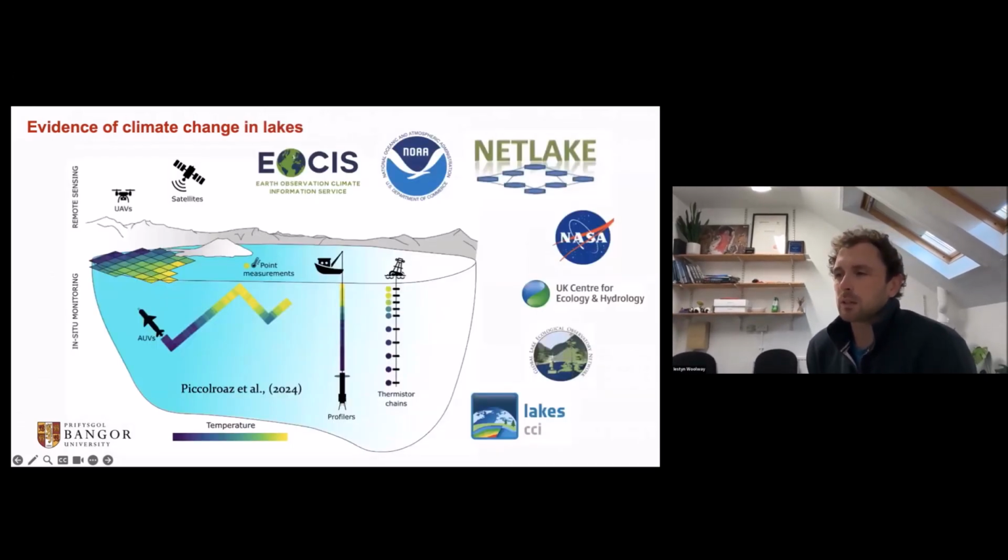So to do this, me and my group, we use evidence from various observational platforms, various data sources and so on. Some of them are summarized in this figure here.